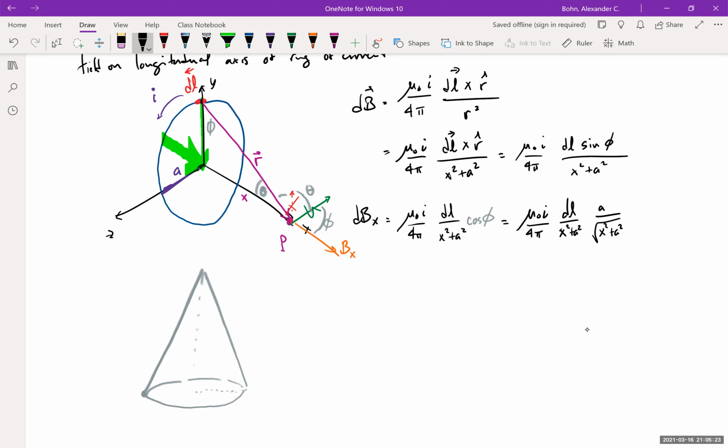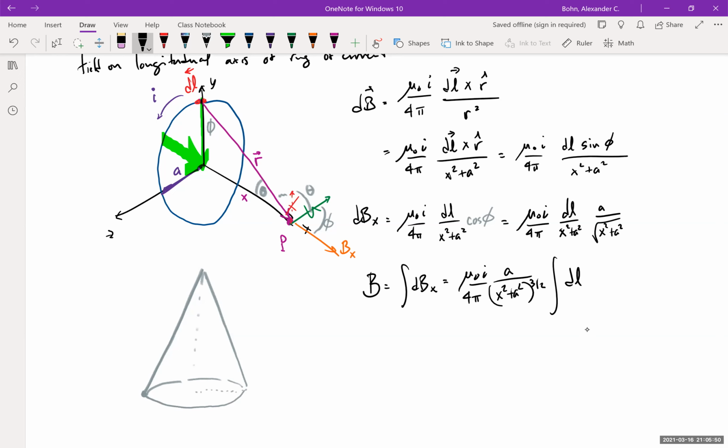If we want to integrate, mu I over 4 pi, x squared plus a squared to the 3 halves, a, integral dl. The only thing we need to integrate is dl. So we're integrating dl around a circle.